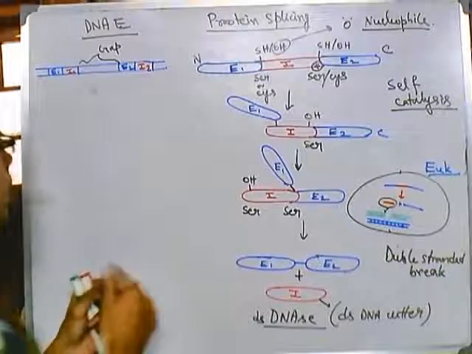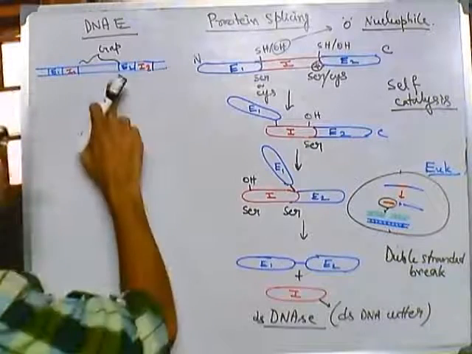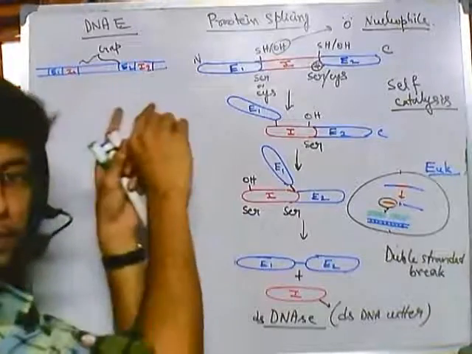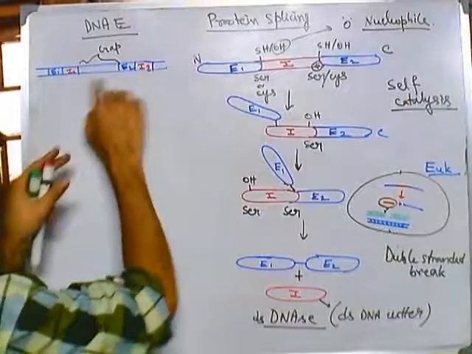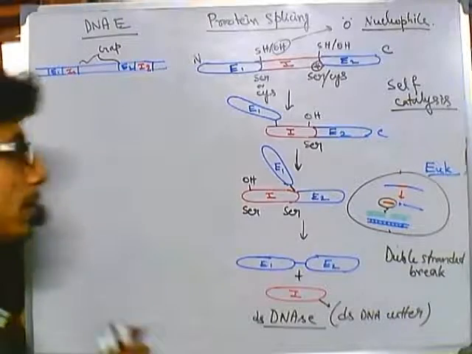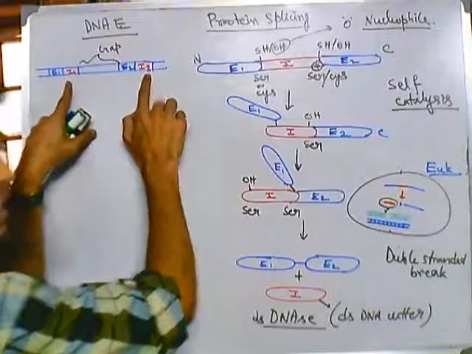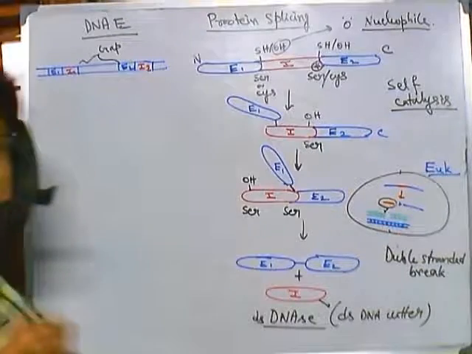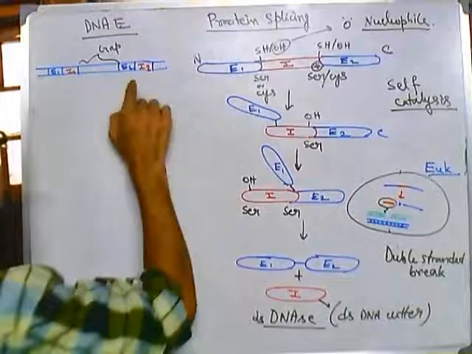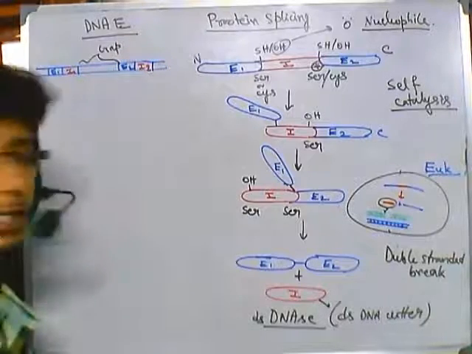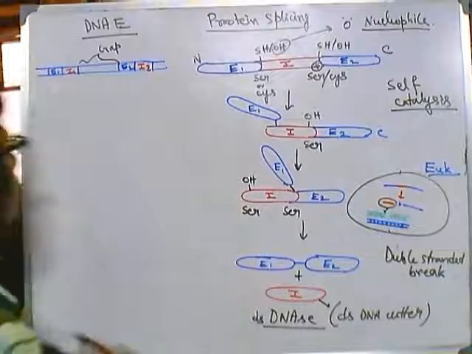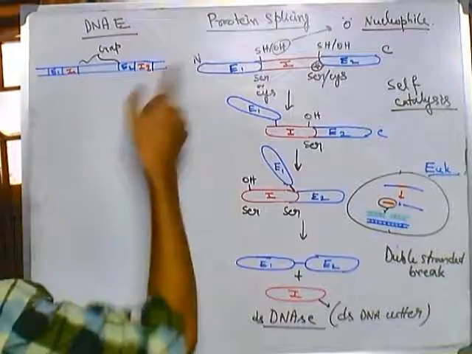Now what kind of protein splicing will happen in the case where we have 2 inteins? We don't require these inteins, so we need to get rid of them. Gap means there are also protein coding parts, so no problem about that, but inteins are the segments which are not coding for any protein, so you need to get rid of them. So they take another approach and do these things differently.